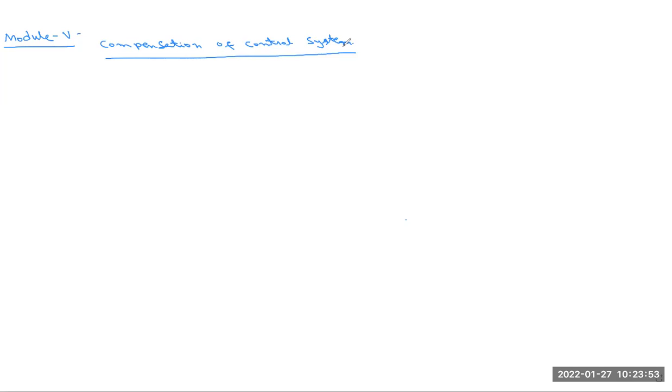Then the Nyquist criteria, the root locus, Bode plot, gain margin, phase margin, and M circles and N circles also. These are the basic procedures we discussed in our previous modules for the stability of our control system.